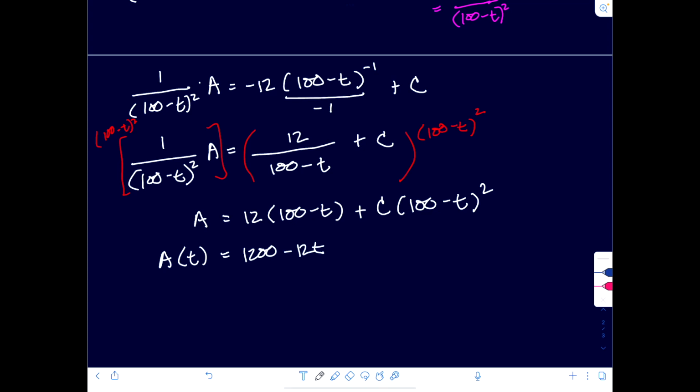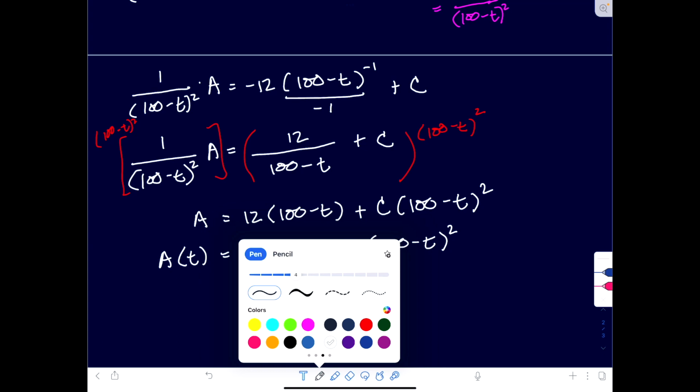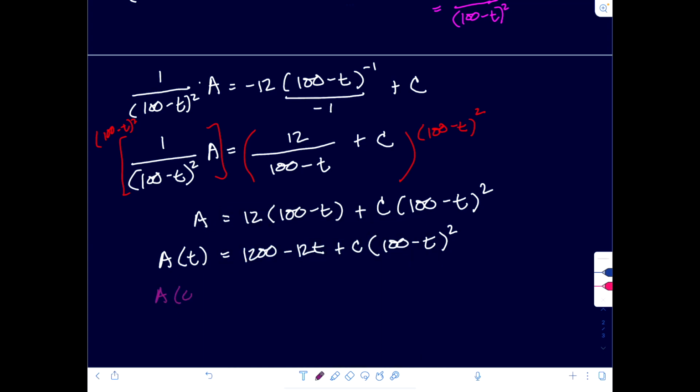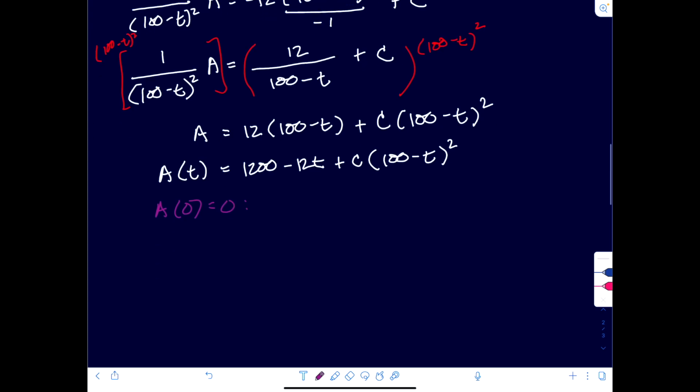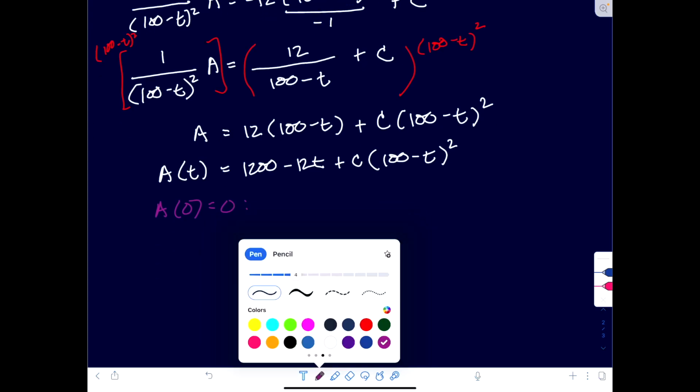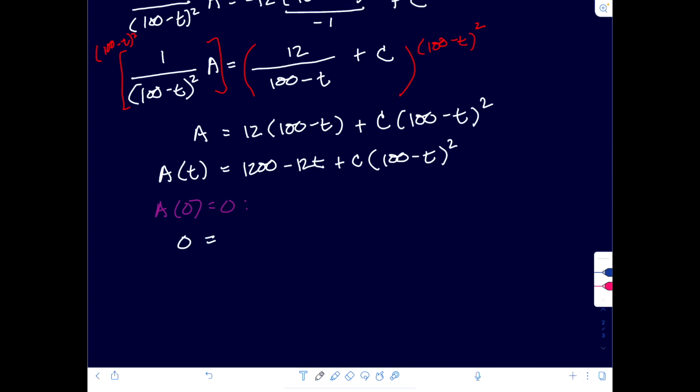Now at time 0, there's no salt in there. So applying our initial condition, A at 0 is 0. And so we'll get 0 equals 1200 minus 12 times 0 plus c times 100 minus 0, the quantity squared. That's going to give us 1200 minus 0 plus c times 10,000.